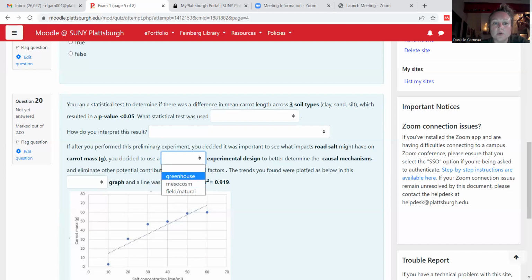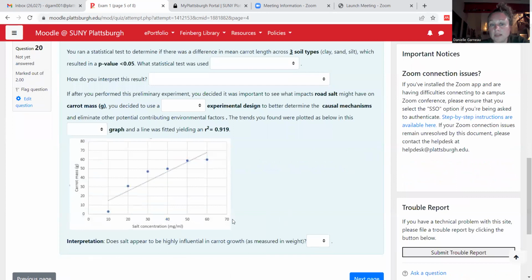So greenhouse is appropriate. The trend you found was plotted below, on this graph below. What kind of graph is this? And you look below, well, there's no bar, right? And bars are also found on a histogram, which is that frequency distribution. And so that leaves us with scatter plot, which makes sense. There's a scattering of dots here, and you can fit a trend line to that.